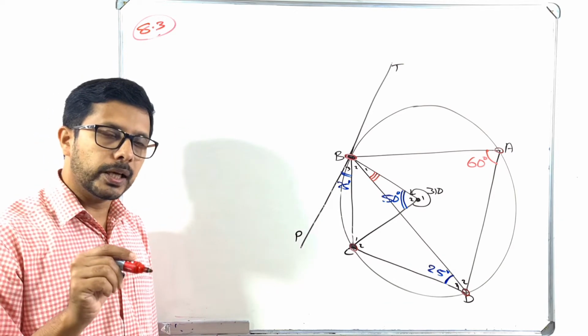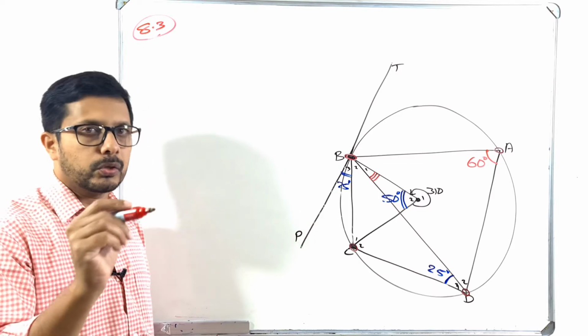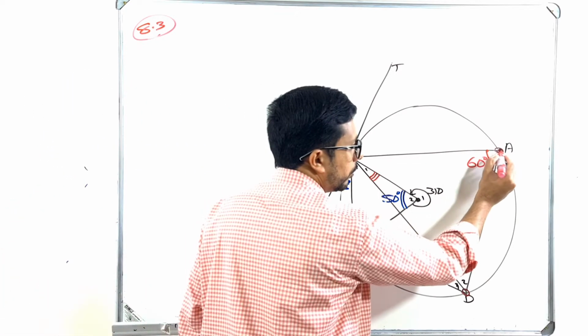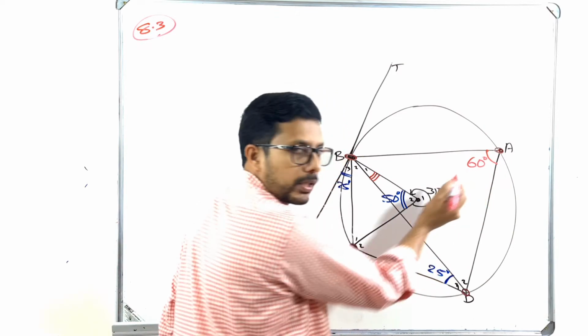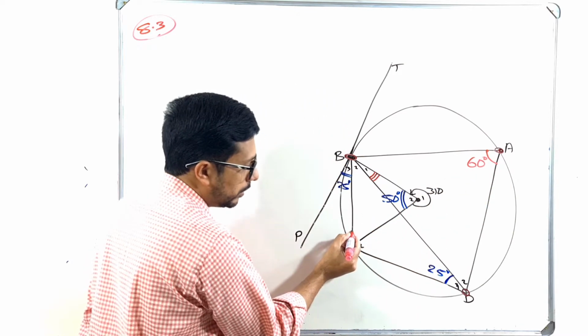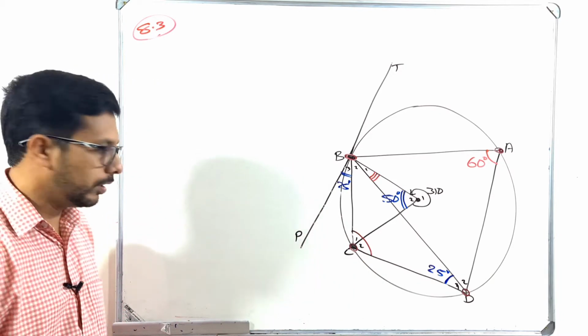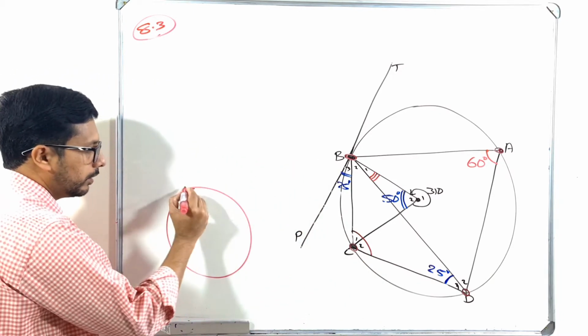And you studied that opposite angles of a cyclic quadrilateral are supplementary. So look at this one. This angle is given as 60 degrees. So can you say what is this angle? 180 minus 60.